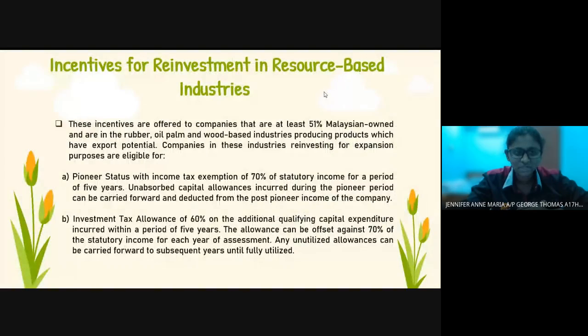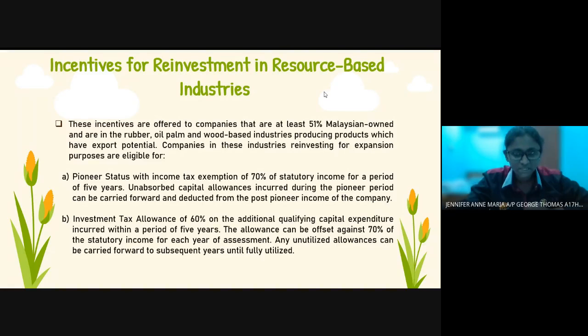So the next will be incentive for reinvestment in resource-based industries. Normally this incentive is offered to companies that are at least 51% owned by Malaysians and are in the rubber, oil palm, and wood-based industries that produce products with export potential.